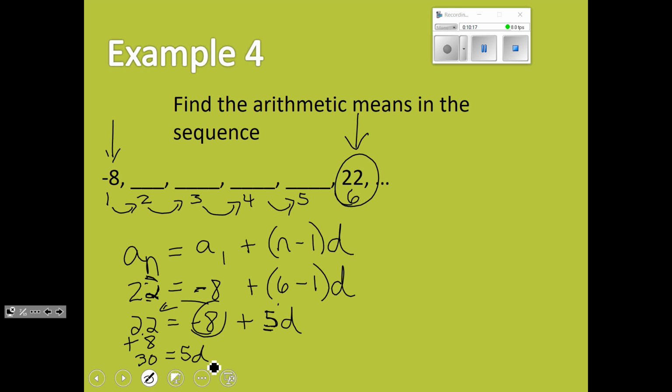And then if I divide by 5, d comes out to equal 6. So I know that I'm adding 6 every time. So if I add 6, then I can just fill in my arithmetic means. So this would be negative 2, add 6 again, this would be 4, 10, 16, and then 22.